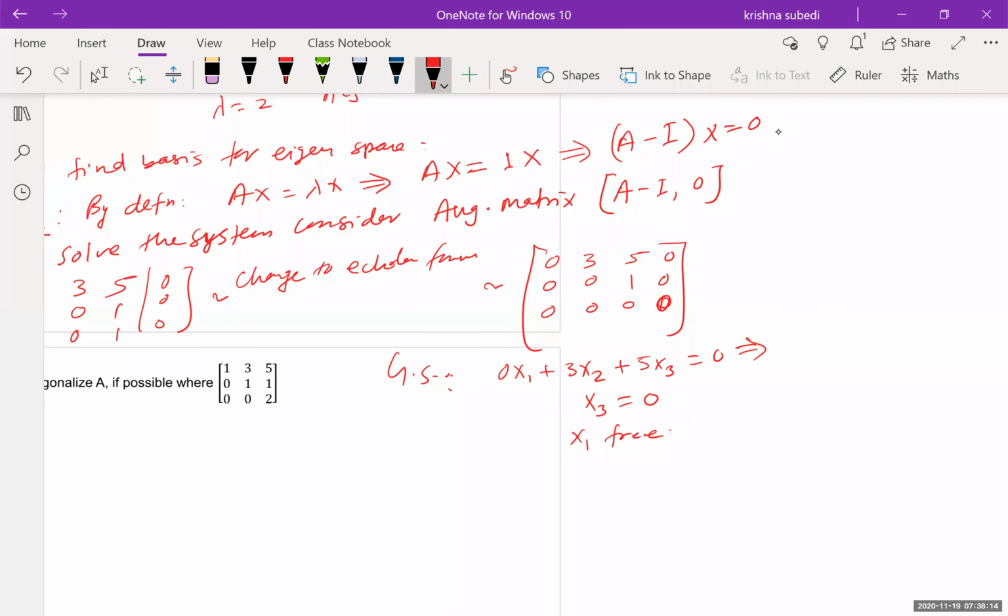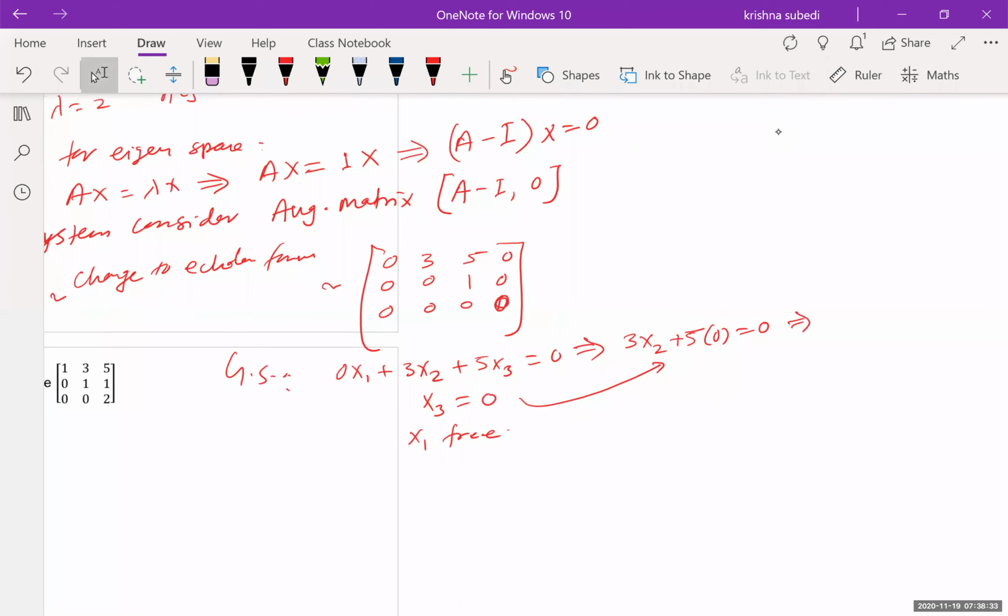Then 3x2 plus 5x3, x3 is 0, so let me substitute the value 0 there, and that gives me x2 is also 0, right?